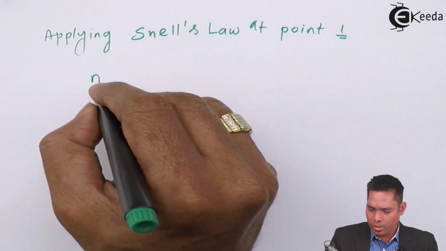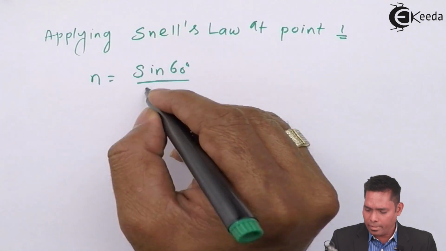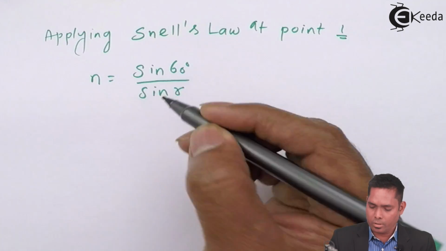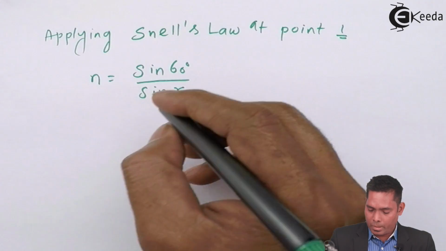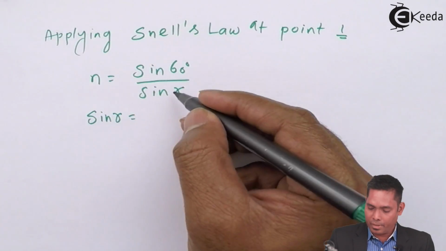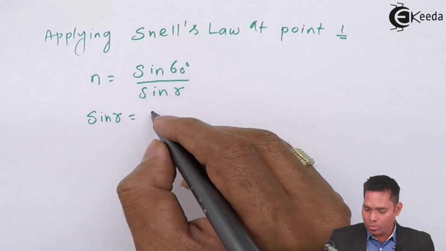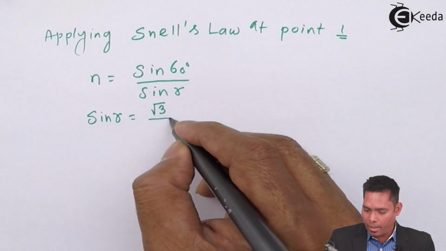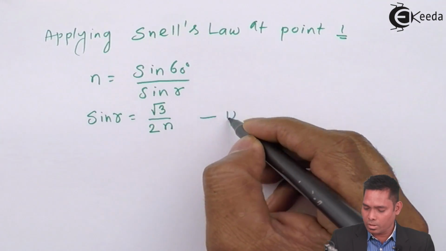So n is sine of 60 degrees divided by sine of r. Because r is not known, I will take this side: sine 60 is root 3 by 2, so sine r equals root 3 by 2 times 1 over n. This is the first equation.